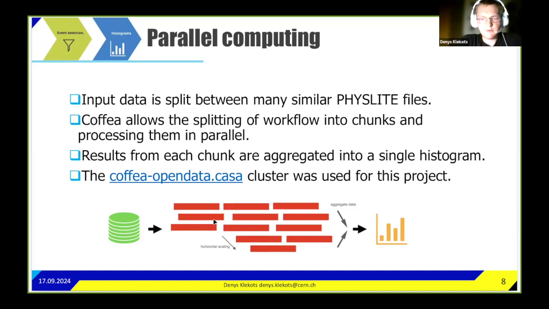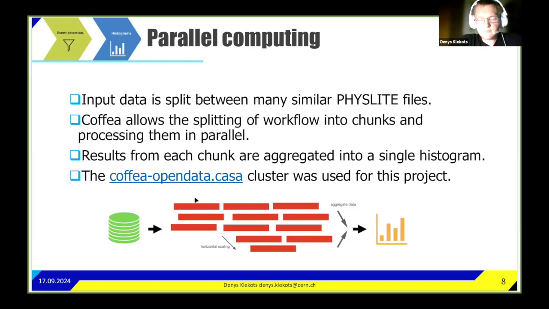Additionally, our input data comes not in a single file but in multiple small files, so there is already the possibility to do it in parallel. At the end, the data is automatically merged into final histograms.